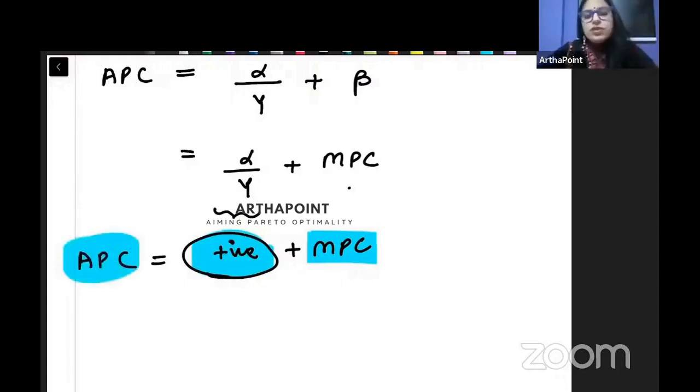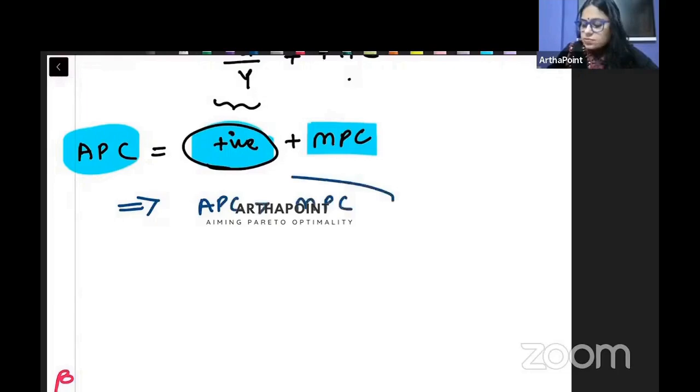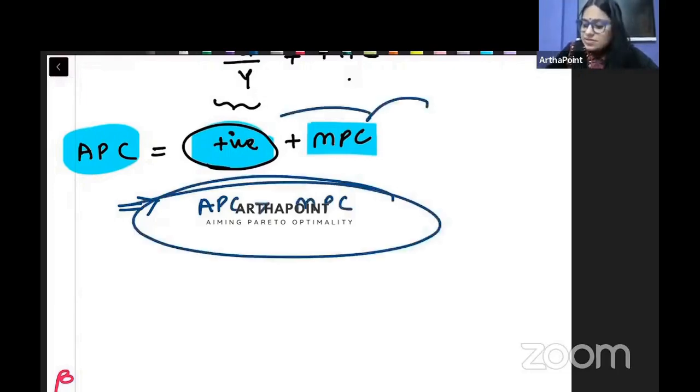Good afternoon everyone, beta. When you add something to MPC, then you get APC. तो यहीं से हमारा एक और रिजल्ट आ गया that APC is more than MPC. जब हमने MPC में कुछ ऐड किया तब APC मिला, तो APC तो MPC से ज्यादा हो गया ना.